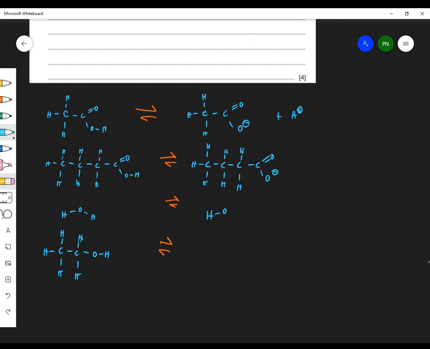This is water plus H plus, and this is ethanol, the ethoxide ion plus hydrogen. Now, how would I do it? You don't have to do my way at all.